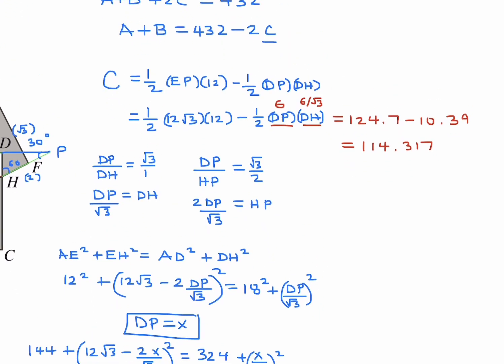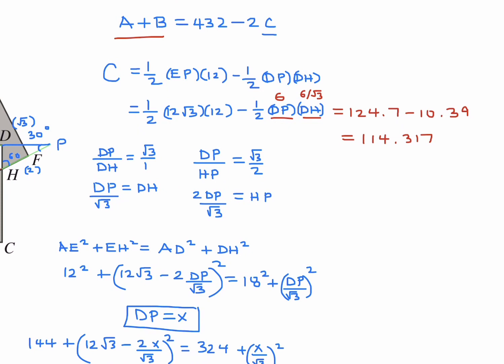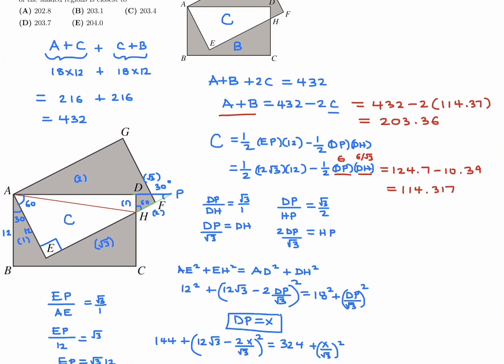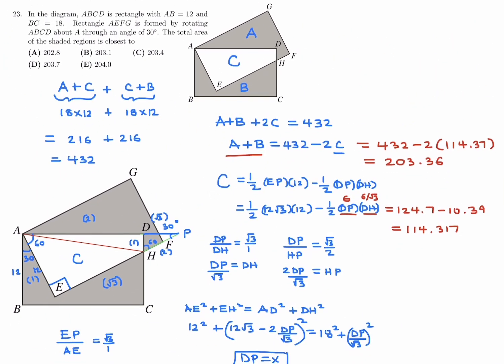And remember, our shaded area was a plus b, and it's 432 minus 2c. So it would be 432 minus 2 times what I just figured out for c, which is 114.37. And if you do the math, you get 203.36. And 203.36 is closest to choice C for number 23.